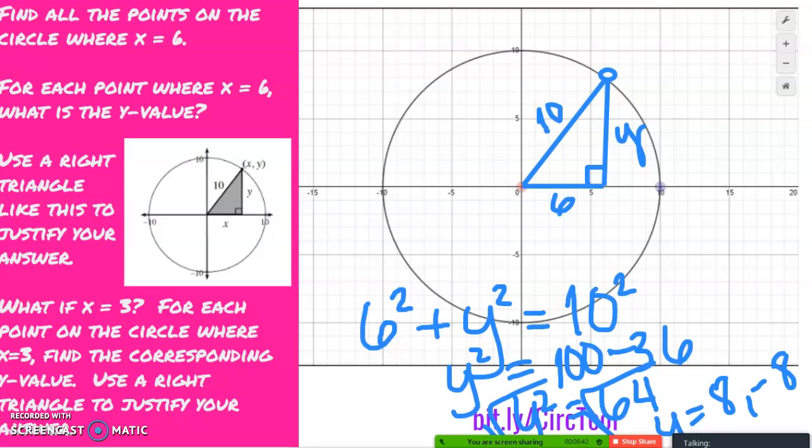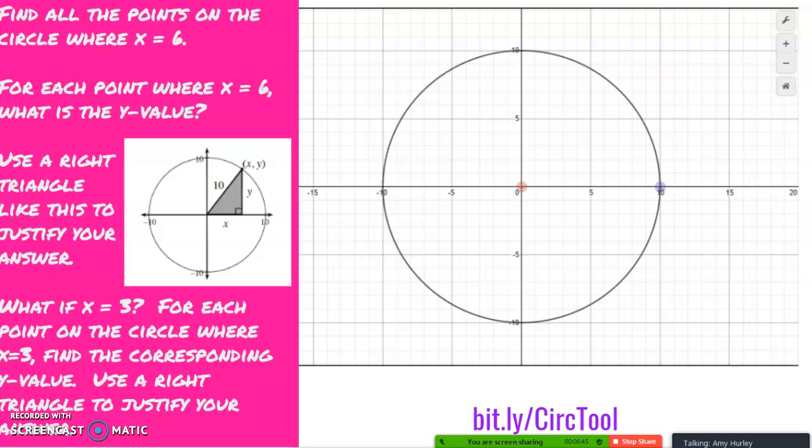So what I'm going to want you to do now is pause the video and try this next part yourself and then come back and see how you did. So it says, what if x is 3? So where x is 3, right there, that's not really on a lattice point. We can't tell what y is. We can tell that y is somewhere between 9 and 10, but we don't know exactly where.